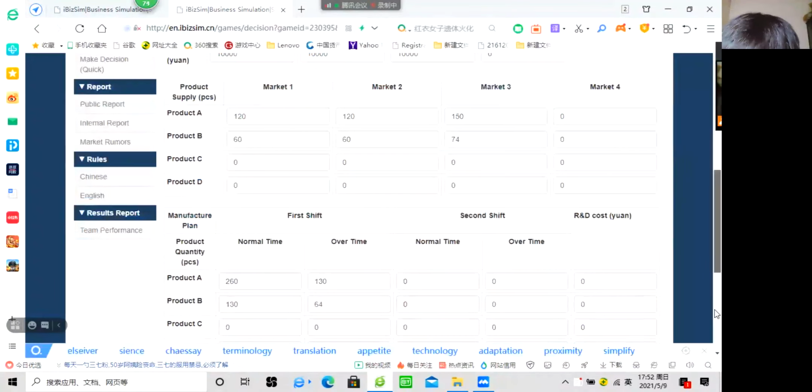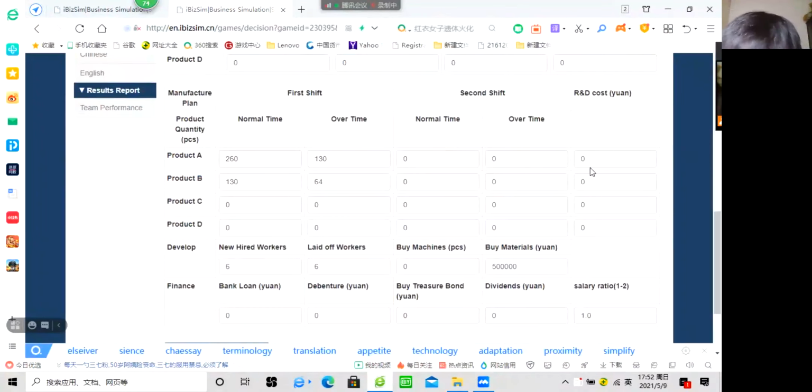Still you can see no R&D produced, because 100,000 has been given, so product A can be produced, and product B can be produced, because 200,000 has been given.